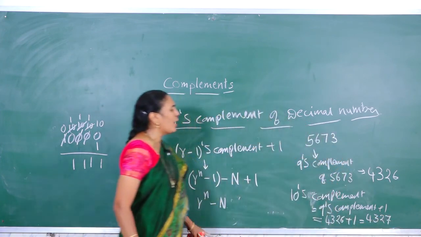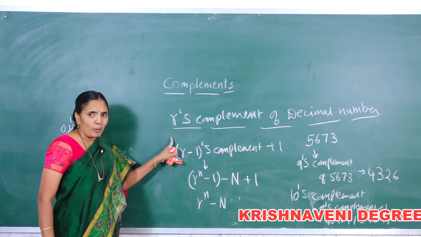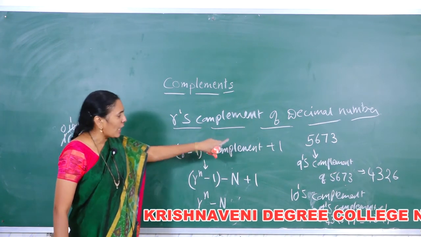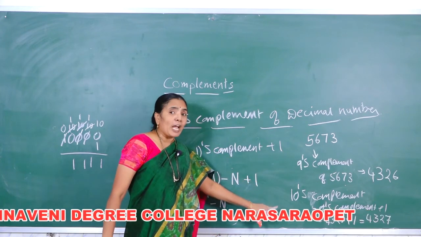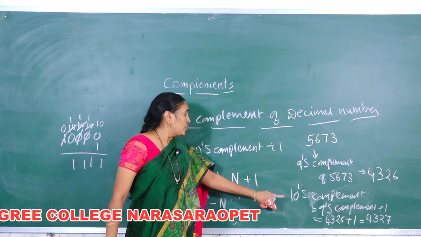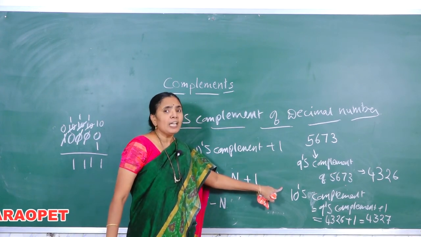There is no simple formula to directly calculate the 10's complement. First we have to calculate the 9's complement of the given number, then add 1 to that complement to get the 10's complement.